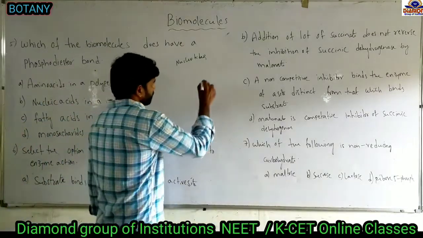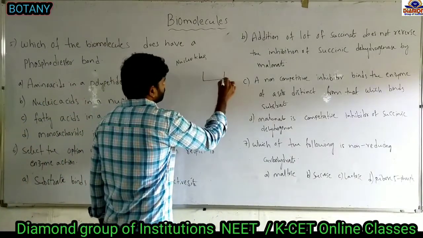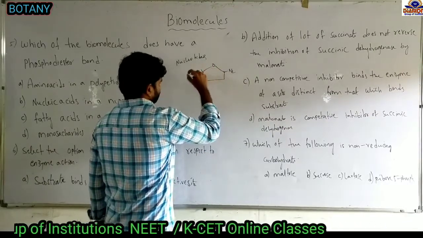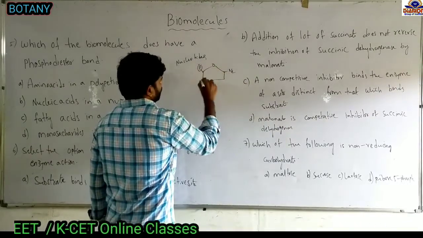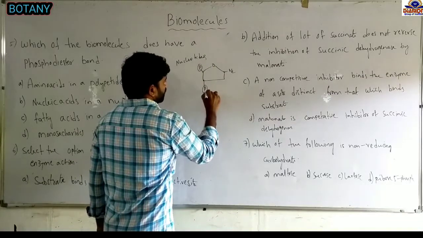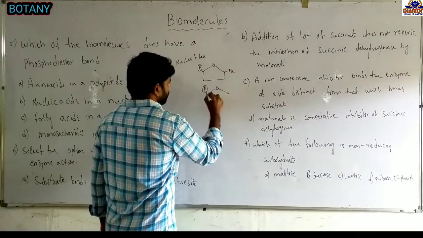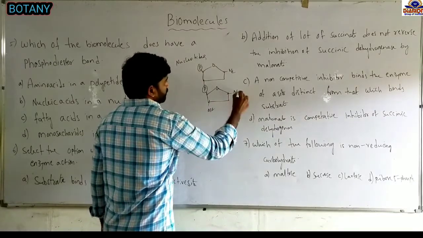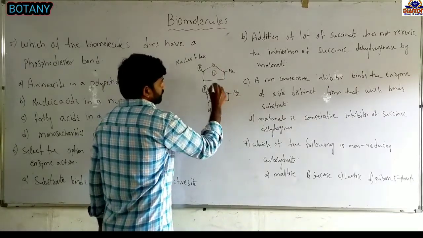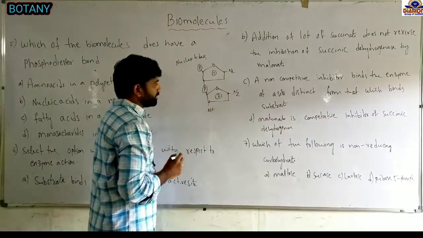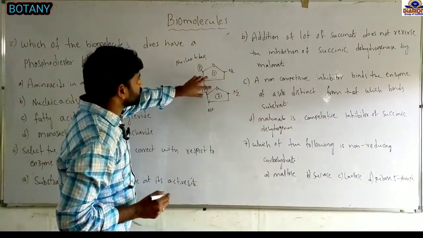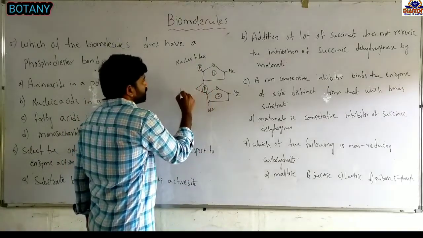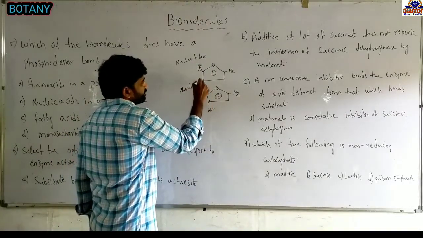From one nucleotide to the other, a phosphodiester bond is present. Imagine this is one nucleotide and this is the other one. Two successive nucleotides are connected together by phosphodiester bonds.